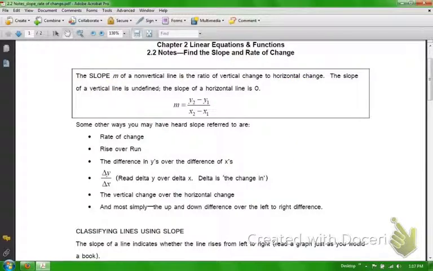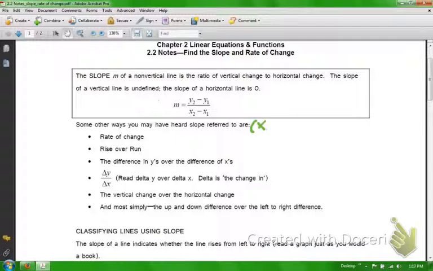I want to go back and revisit our formula a little bit, clear up some things, and explain it in a little more depth than you did in Algebra 1. Our formula is given as y2 minus y1. It does not matter the order you use the x's and y's. Let me show you what I mean.